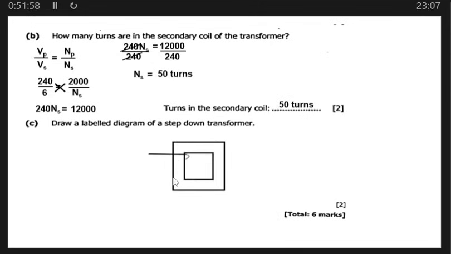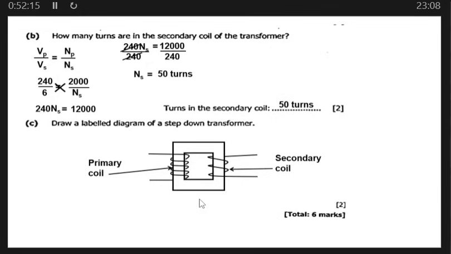Then we'll have more coil in the primary coil here. So these are coils, and then less coil in the secondary coil here. So we'll call this one the primary coil, then we'll call this one the secondary coil, then we'll call this one the iron core, because this is what they said, draw a labeled diagram of a step down transformer. So we are done. Let's go to the next question.